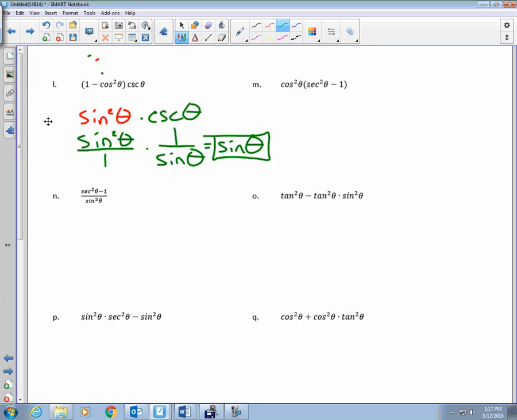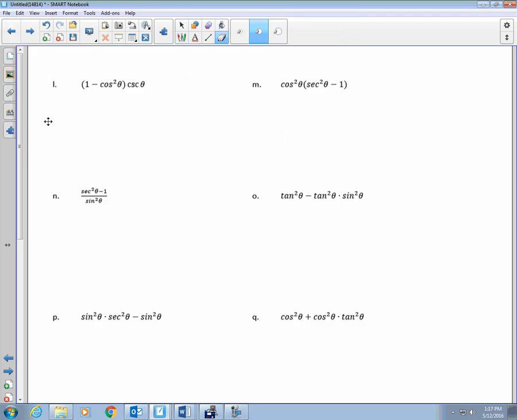Look at M. Secant squared minus 1. Is that something special on your sheet? Which one would you look at? Number 5, 6, or 7? Let's look at number 6. You see secant squared minus 1 over by number 6? What is secant squared minus 1? Tangent squared.